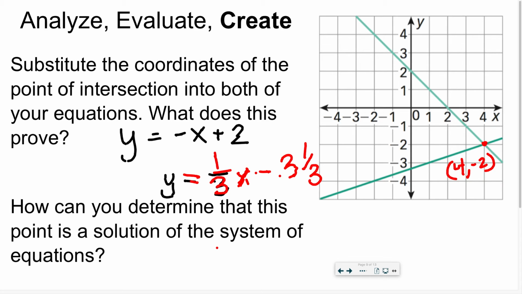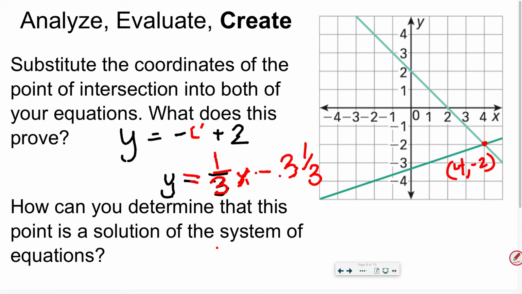Okay. Alright, let's see. So the first one, what do we do? How do we do this? We have a point, we said that the solution of the system is 4, comma -2. How can we prove it? With the first equation, if x is 4, then -4 plus 2.